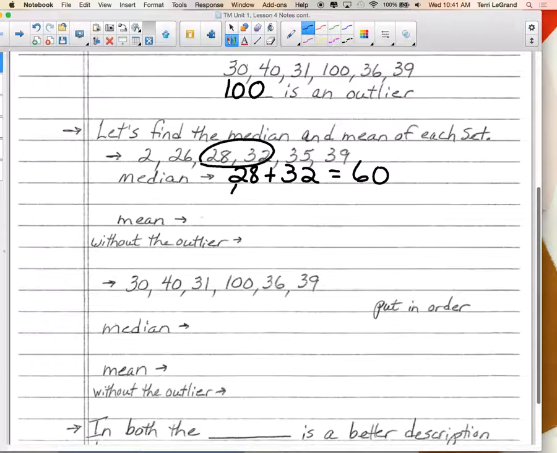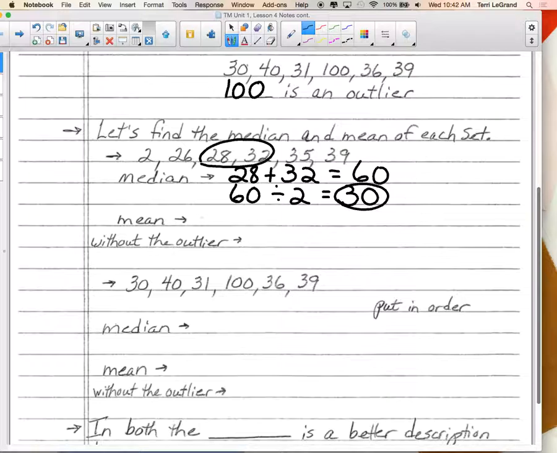So 60 divided by 2, what's 60 divided by 2, class? 30. Okay, so what we're really doing is finding halfway between the two numbers in the middle. Does that make sense? That 30 is halfway between 28 and 32? Do you agree? On the number line, 30 would be halfway between 28 and 32. That's our median then. When we have two data values in the middle, we have to find the middle of those.